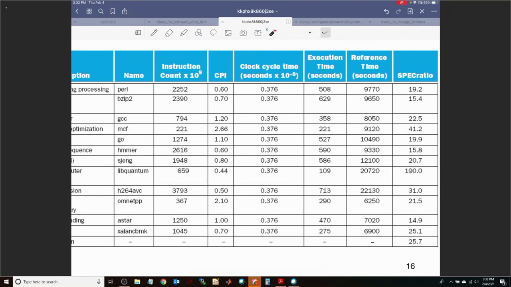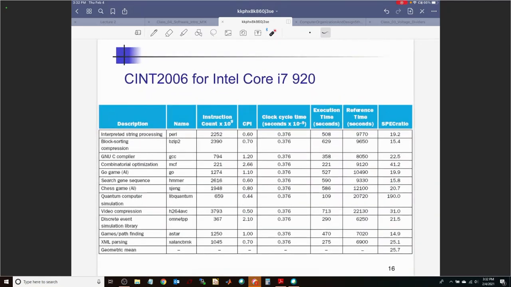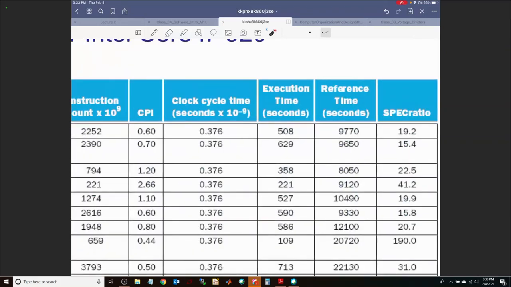All right, so you have execution time here in seconds for the computer under test. And then you have the reference time as the execution time for the reference computer, the same reference computer for all the benchmarks. What you do is you find a SPEC ratio. The SPEC ratio is essentially the ratio of reference time to the execution time.